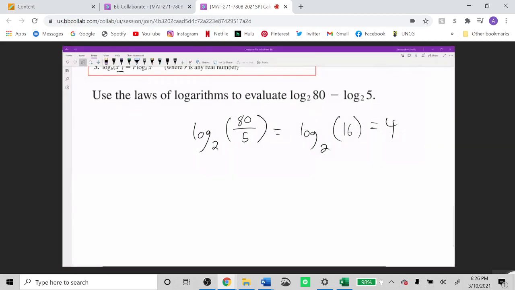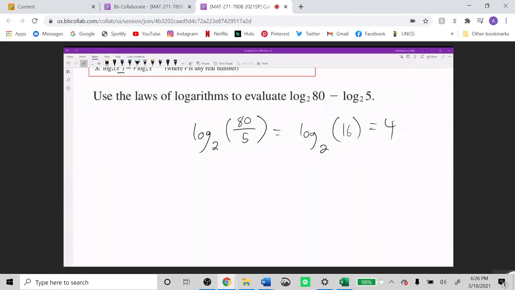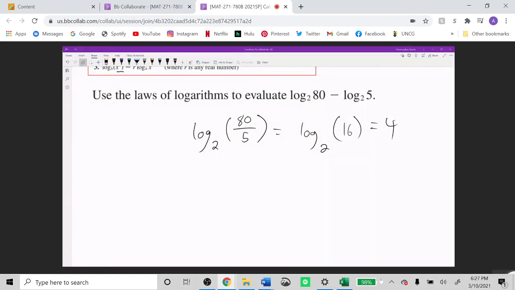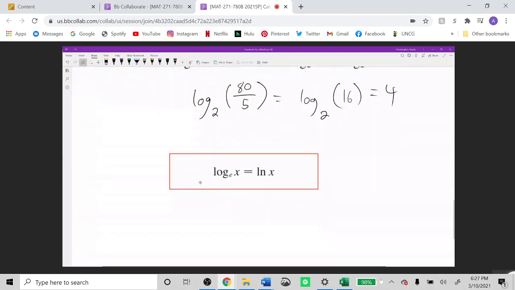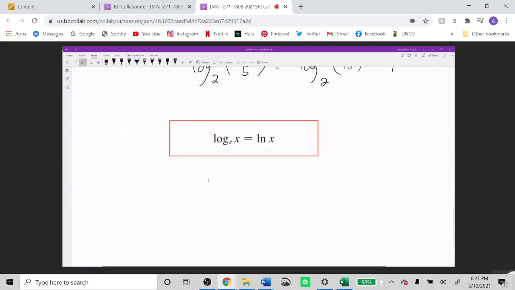In fact, in calculus, and most of the time, this is just going to be the most convenient logarithm to use. Log base e of x is denoted ln x. Ln is Latin. It's logarithmus naturale. So this denotes the natural logarithm.